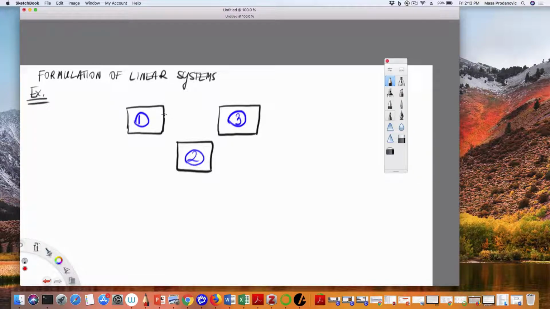So there is this one, and there's a volumetric flux Q13 from 1 to 3. Then there is flux from 1 to 2, Q12. Then from 2, we have Q23, and from 2, we also have Q21.